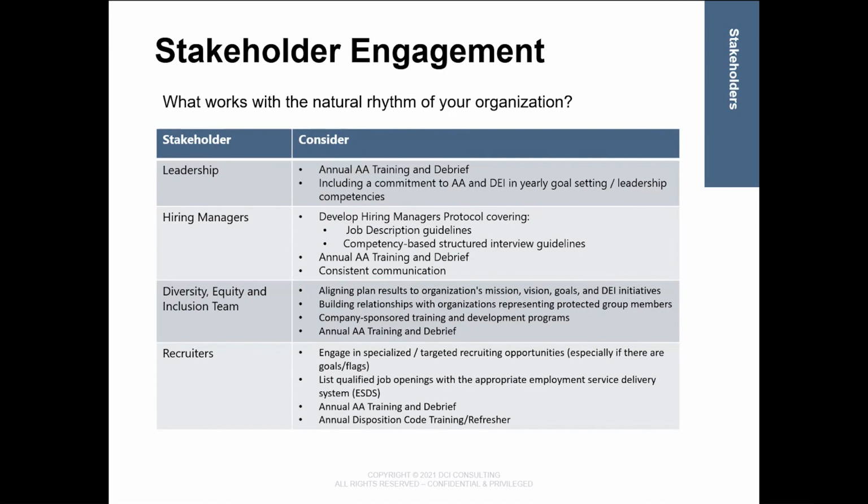For hiring managers, consider developing a hiring manager's protocol covering job description guidelines and competency based structured interview guidelines. Additionally, include an annual affirmative action training and debrief tailored to hiring managers and ensure consistent communication regarding affirmative action.